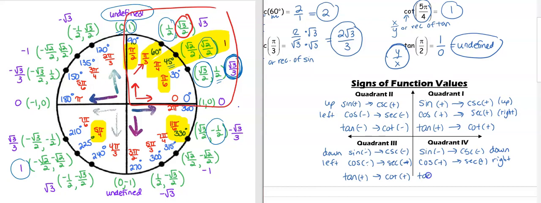So when I get back to my tangent values, I have a negative divided by a positive, making that tangent negative and the cotangent negative. And again, we can see that relationship in our unit circle. All of the x's are positive, all the y's are negative, and all of my tangents are negative. All right, and that is going to be it for this video.